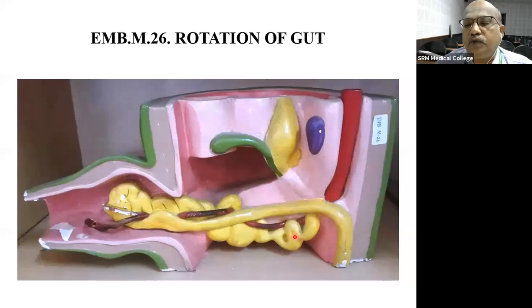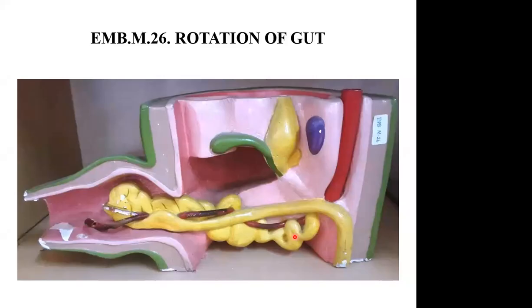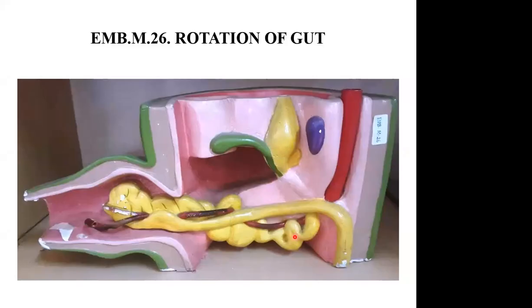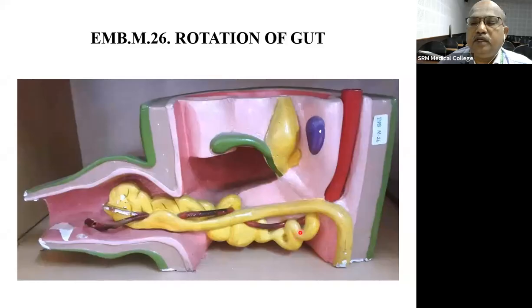It is midgut only. So initially what happens, the midgut is getting elongated to form the midgut loop. Okay, so what is the artery of the midgut? Superior mesenteric artery. Very good. So this is your superior mesenteric artery.